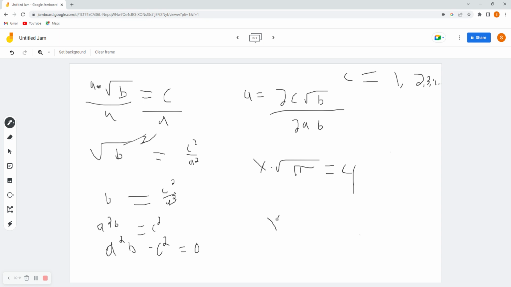Let's say x is equal to 8 square root of pi divided by 2a. What would a be here? A would be just 1, leading coefficient 1, and then b is equal to pi. So let's just say 2 pi.